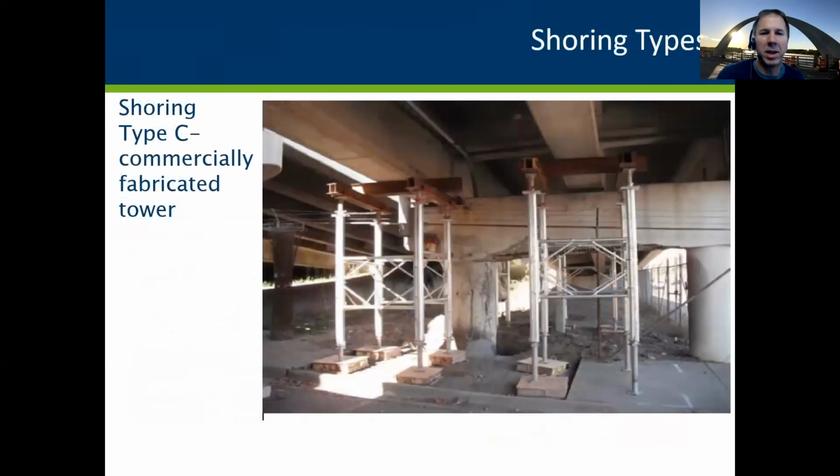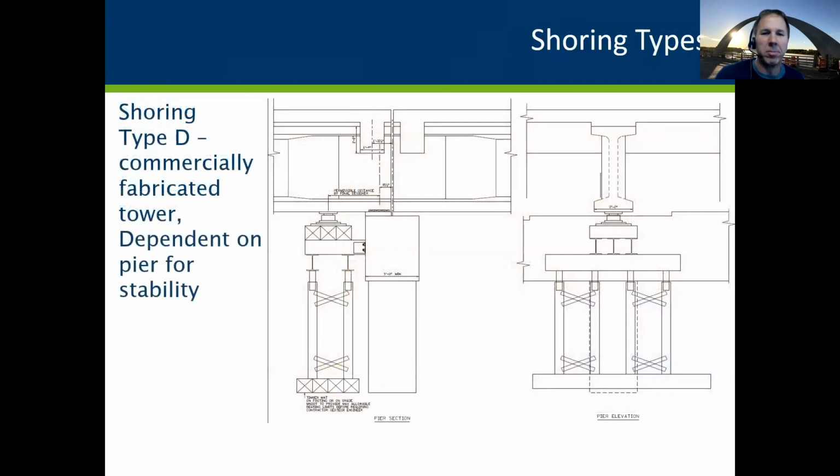Shoring towers are also a type C classification, but those elements above the beams that support the girder, and the jack and the foundation pads, those are engineered elements. So we would expect an engineering submittal for those components.